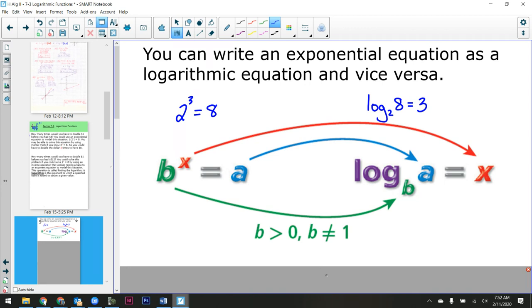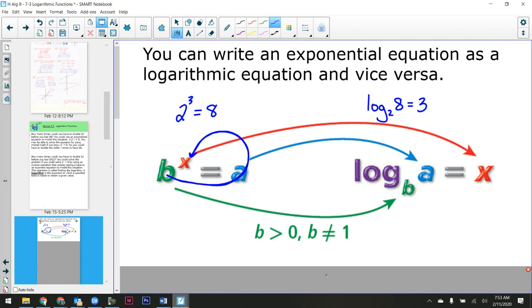One of my students proposed this to me, I don't know, 7 or 8 years back. They said, Mr. Albert, whenever I transfer from logarithmic into exponential and exponential to logarithmic, I think of it like a spiral. Because you start here: log base b of a is equal to x.